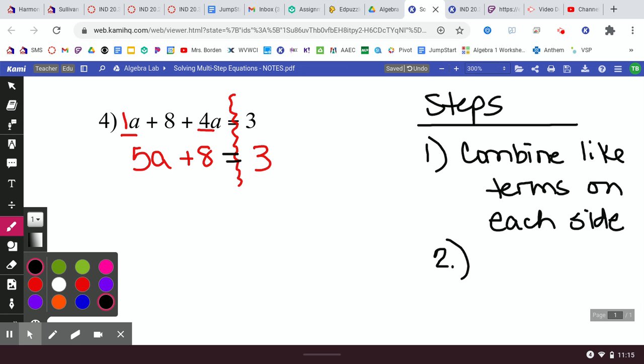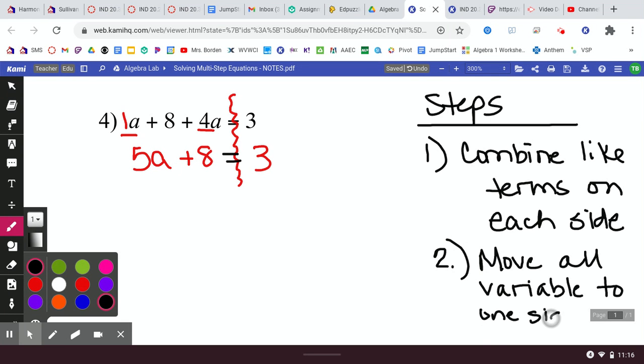Okay? Then the next step is that you want to move all variables to one side and all numbers to the other.